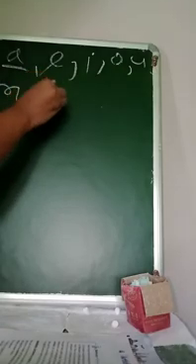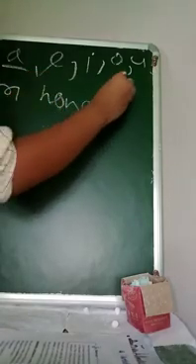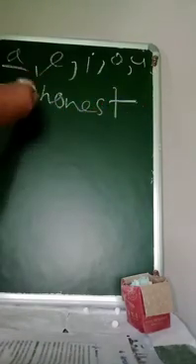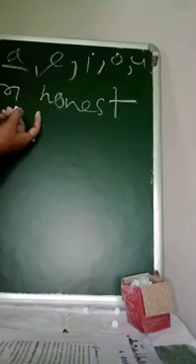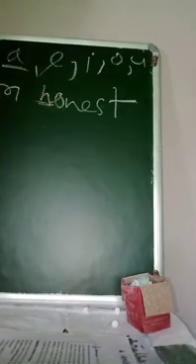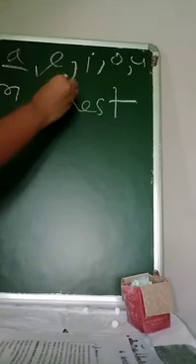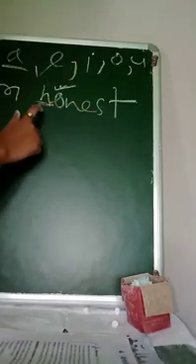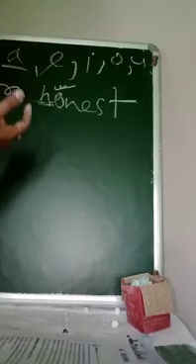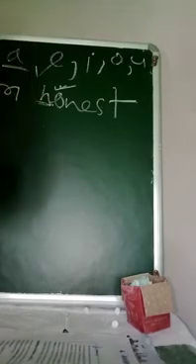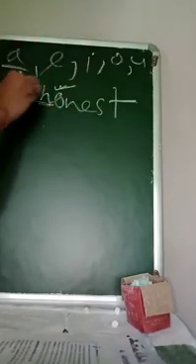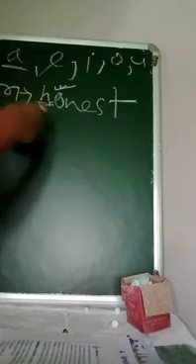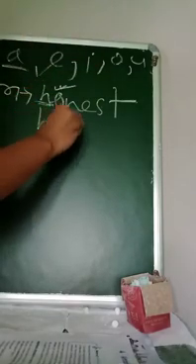For example, H-O-N-E-S-T, honest. We don't say "honest" with an H. We don't pronounce the H. We pronounce the O. O is a vowel. So, a word, the first letter may be consonant, but if it sounds like a vowel, okay, vowel sounding words, we use an, okay?